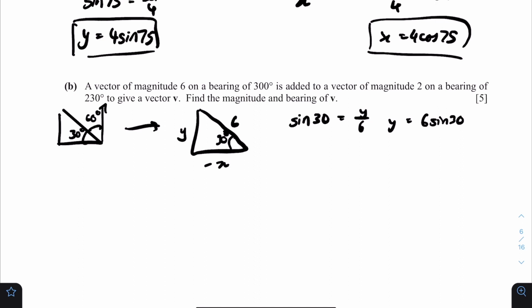So sine 30, if we think back to our triangle, is equal to a half. So we get y is equal to 3. And if we do cos 30, that's equal to negative x over 6. And therefore, x is equal to negative 6 cos 30.